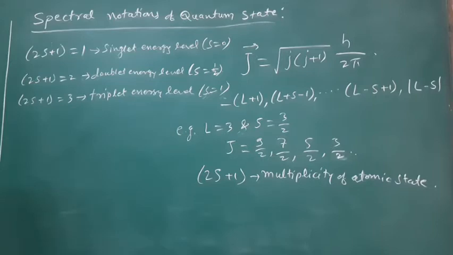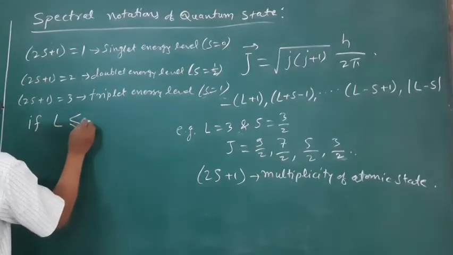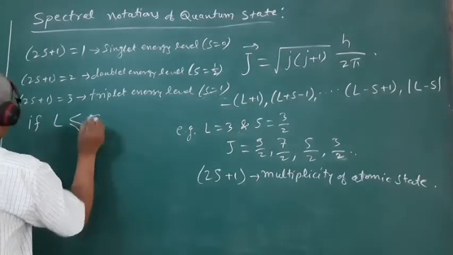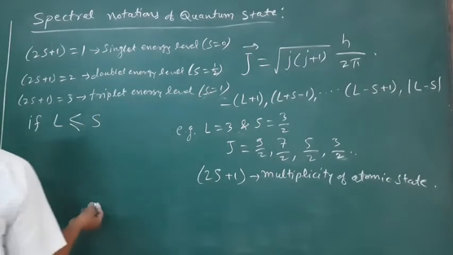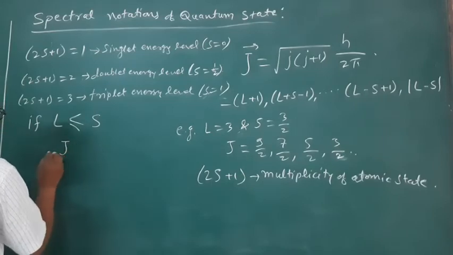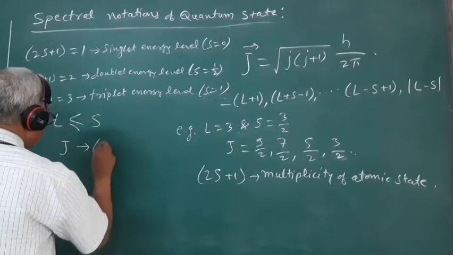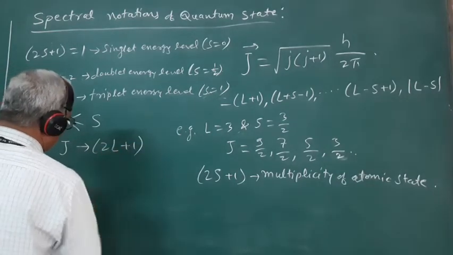Here, we should remember that if the value of L is less than or equal to S, then the number of values of J is given by twice L plus 1.